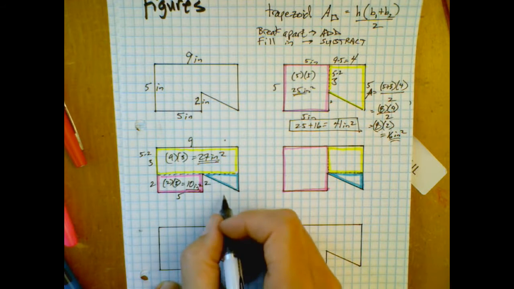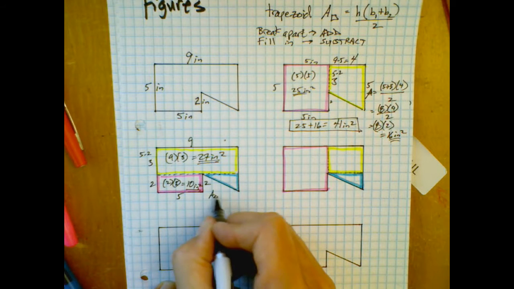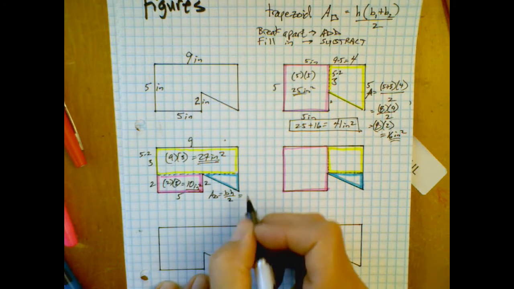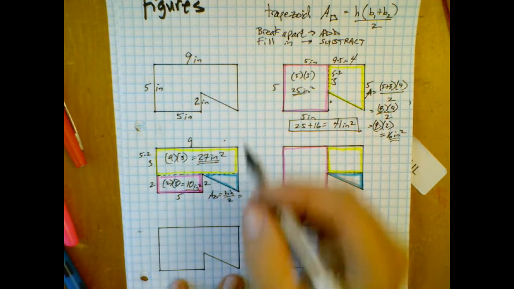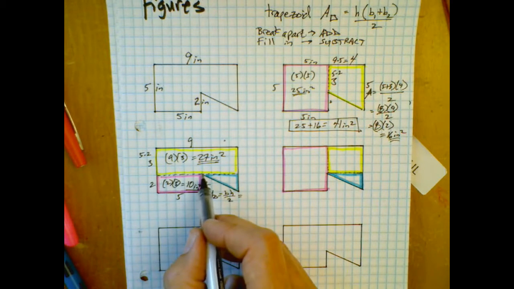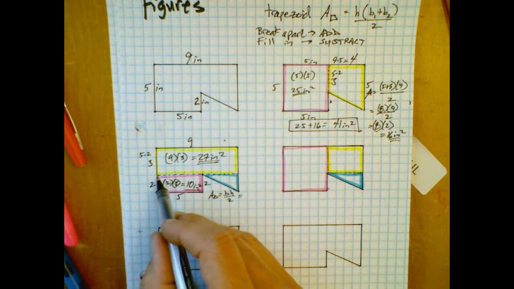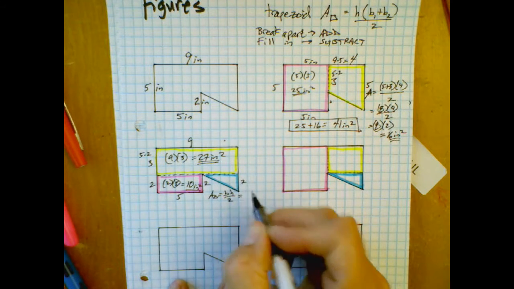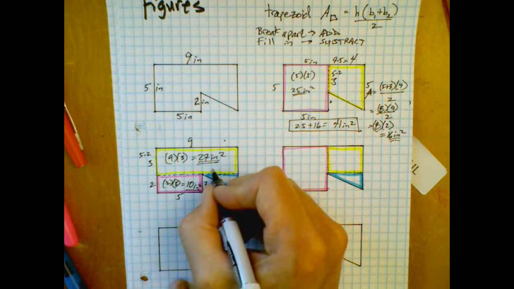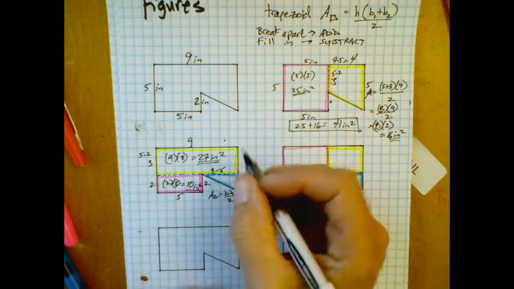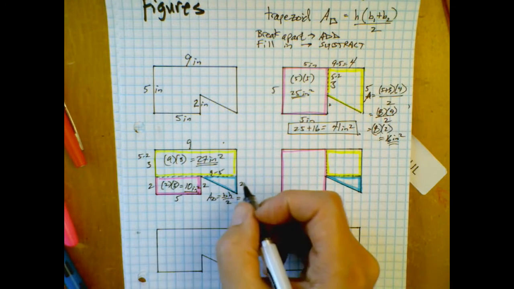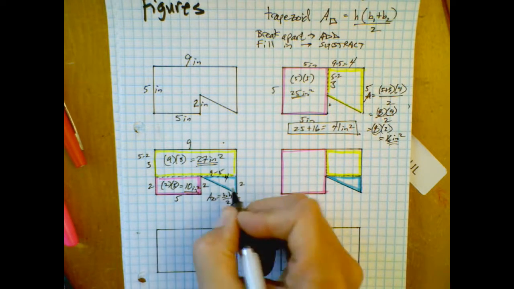So I have 27 inches squared, I have 10 inches squared, and now I have my triangle. Remember, the area of a triangle is base times height divided by 2. So I have my base here, which is the same distance as this side of this rectangle. So that makes that base 2, and I'll call this the height. If this is 5 and this is 9, this is going to have to be 9 minus 5, which makes it 4.